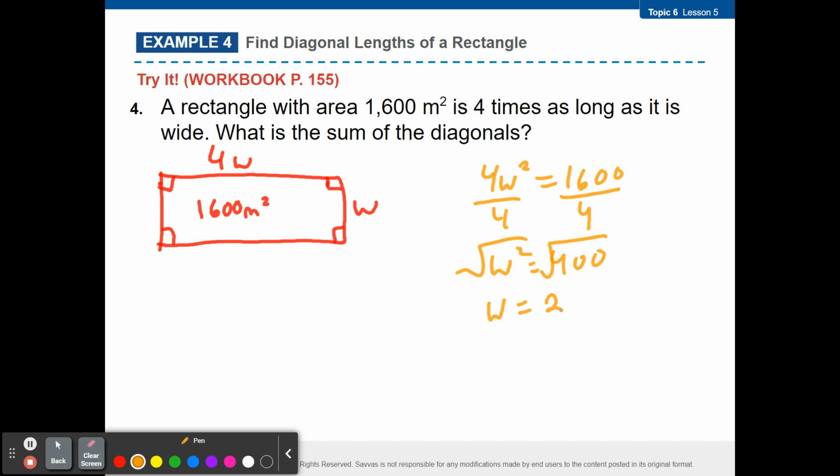Okay, so if it's 20, we know that this is 20, and 4W is going to be what? 80. All right, so now we got to find this diagonal. We have a right triangle there. So this is going to be 20 squared plus 80 squared equals, we're going to call this x squared.